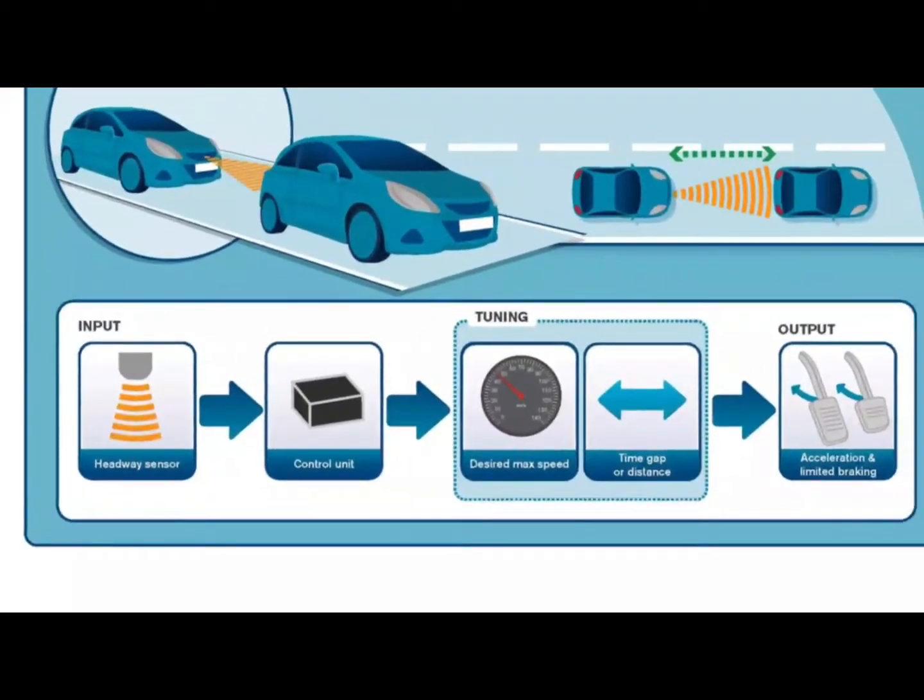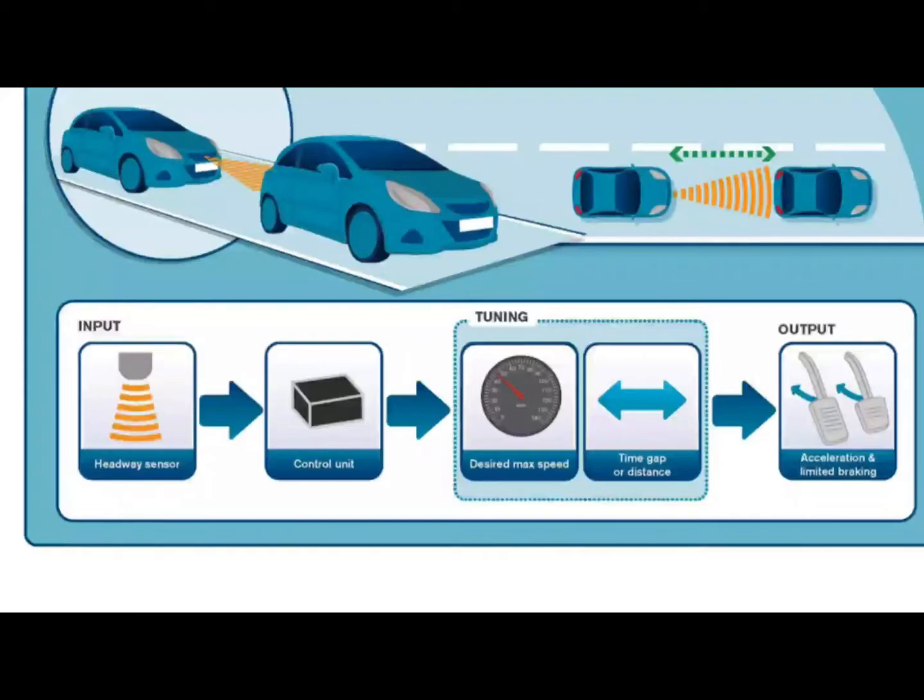This headway sensor consists of a radar system and camera, so the wavelengths are passed and strike the vehicle ahead. After that, the control unit gets to know how much is the distance between the leading vehicle and our vehicle. This is our vehicle, this is the leading one.